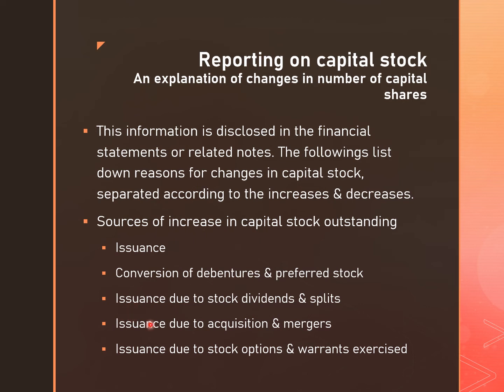Or issuance due to stock dividends and split. Sometimes bila kita bagi dividend, kita tak bagi dia cash only, kita bagi dia stock. So the shares of the capital stock ni dia akan increase lah. Ataupun share split, I hope you still remember, this is file 160. Share split, dia pecahkan shares tu kepada dua, so dia akan bertambah lah dia punya capital stock.